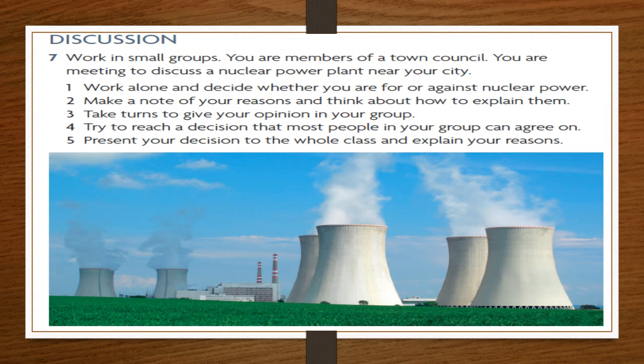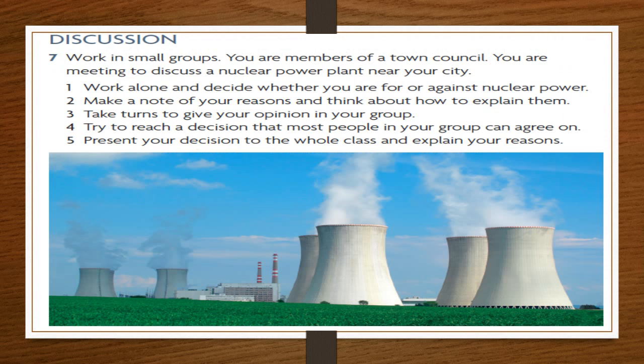Please, at first, work alone and decide whether you are with or against the nuclear power plant. Inside you, decide, are you with or against, without telling anyone? And give reasons, justification, explanation. Why are you with or against? And prepare this in a note.